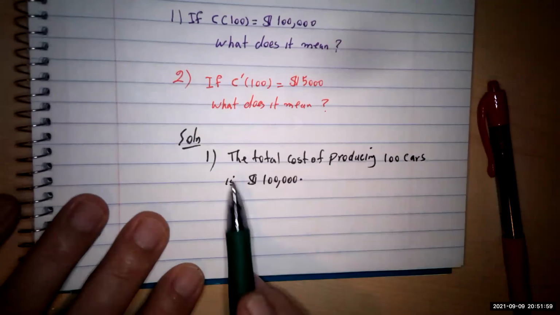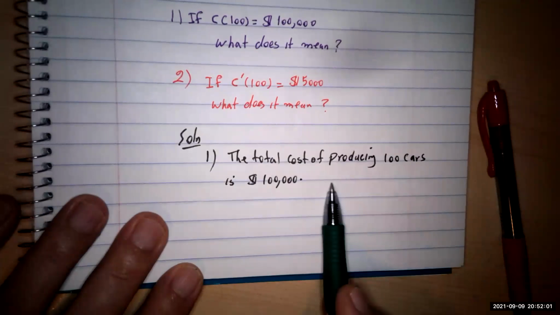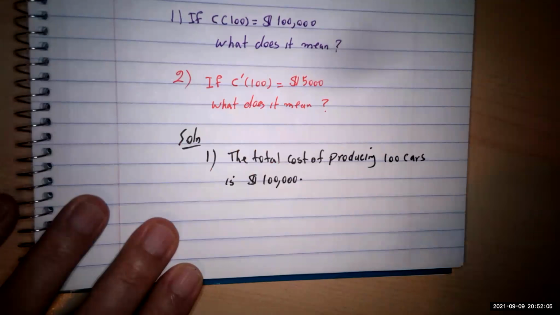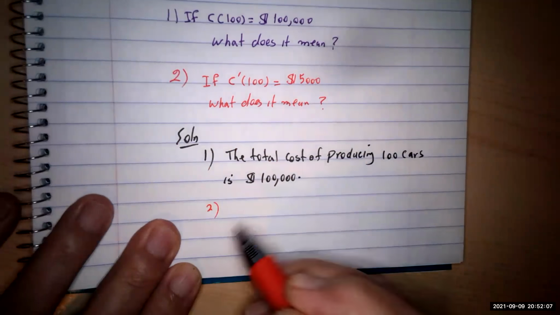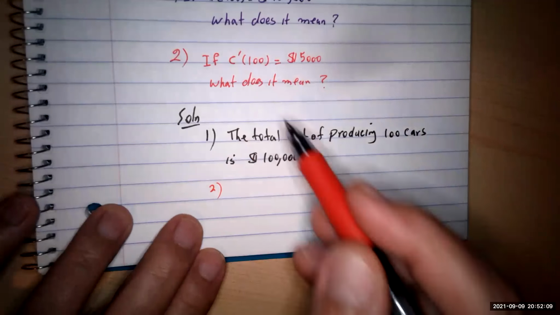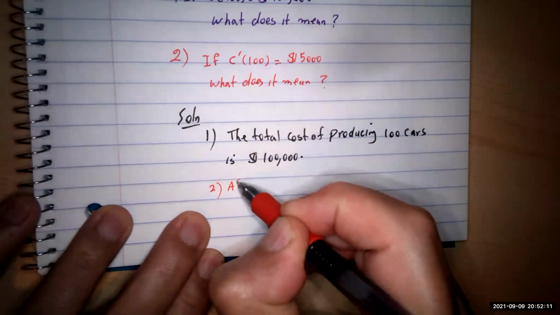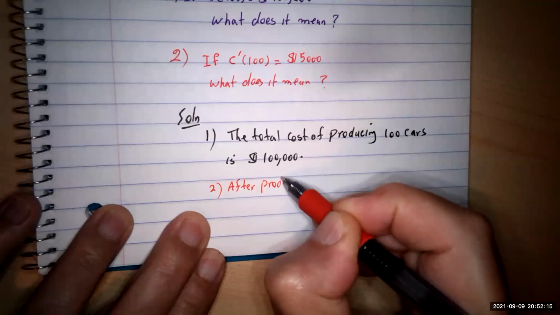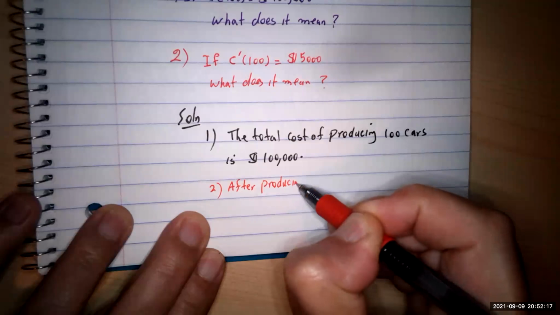Okay, so the first one is just the total cost of producing 100 cars. So the second one, nicely you explain it. The level of production is very important. You say after, I like this expression, you say after producing, because you have to give us the level of production.